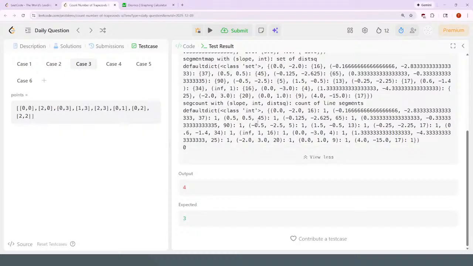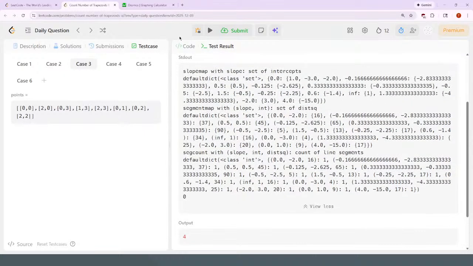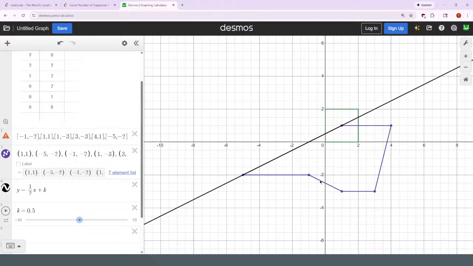Here that time. Huh. It should have detected one. Huh. Oh my god.